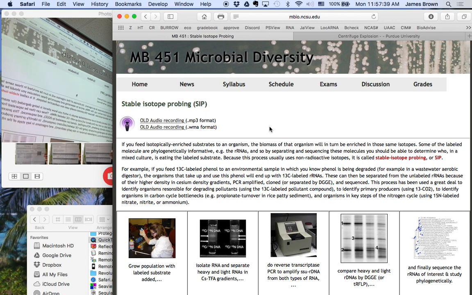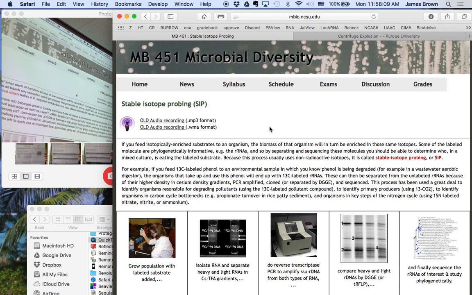You feed it to the sample, and the organism that can degrade phenol takes it in, and a couple of things happen. Most of that phenol gets burned off, it gets oxidized as CO2, right? And that floats out of the sample and you never worry about it. Does CO2 have any information about who did it? No. There's no phylogenetic information in CO2. But the cells grow too, right?